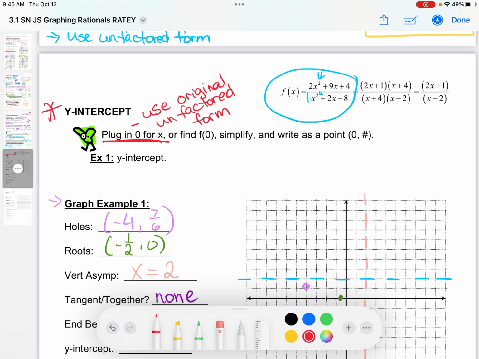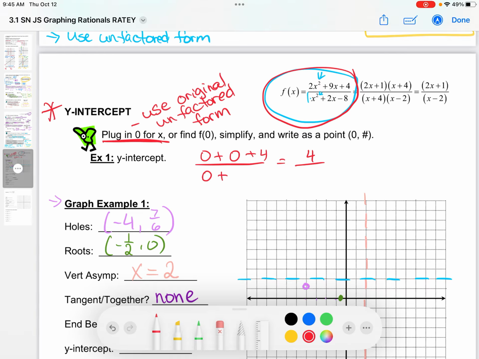form. And here's why. When we plug in 0 to the unfactored original form, 2x squared is 0, plus 9x, 9 times 0 is 0, plus 4. That's just 4.